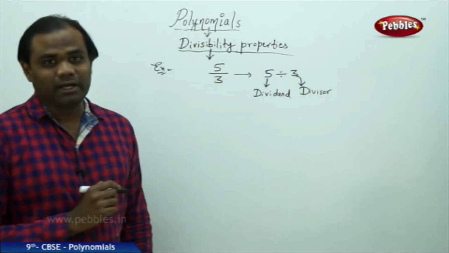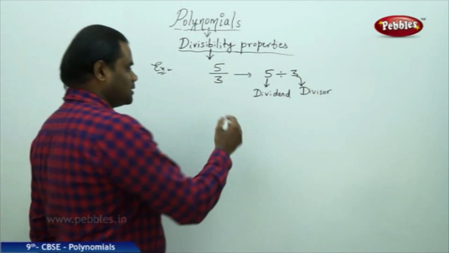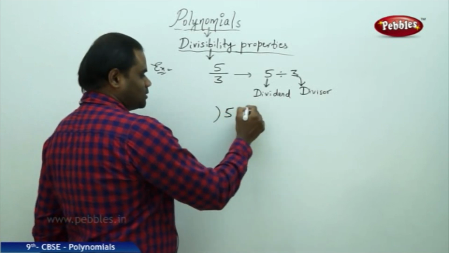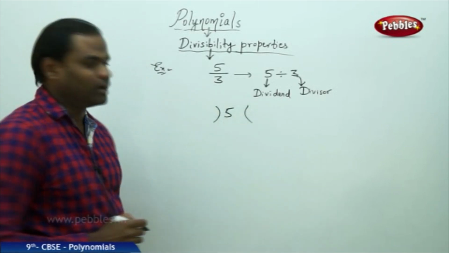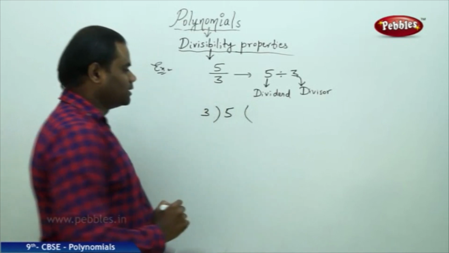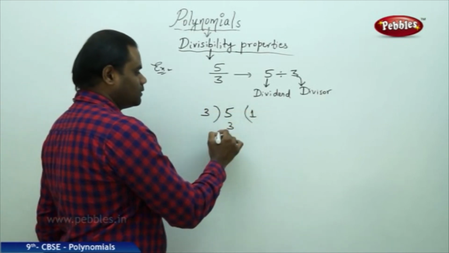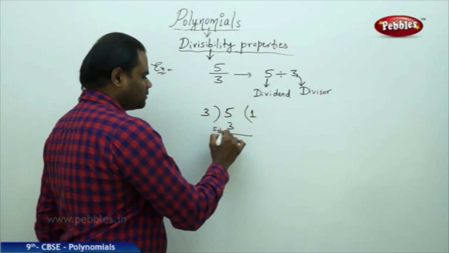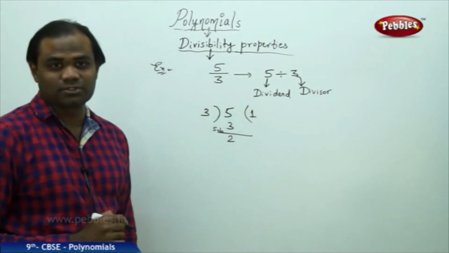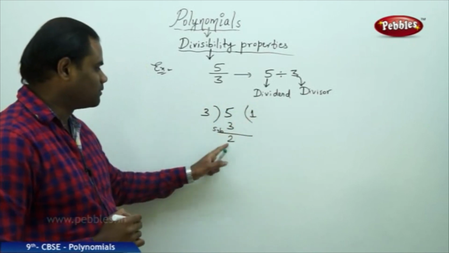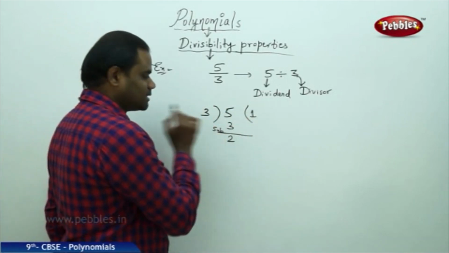Now when the number is divided, we have learnt in the lower classes the method of division, wherein 5 divided by 3 is written out here, and then 3 ones are 3, which on subtraction gives me 5 minus 3, which is 2. This cannot be further simplified because this number is less than 3.